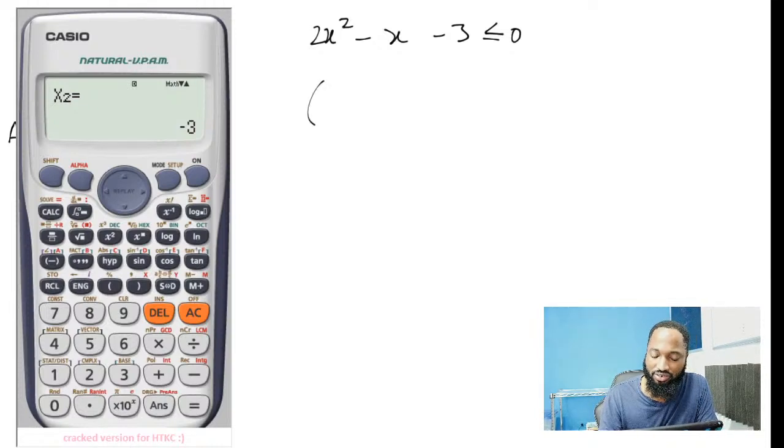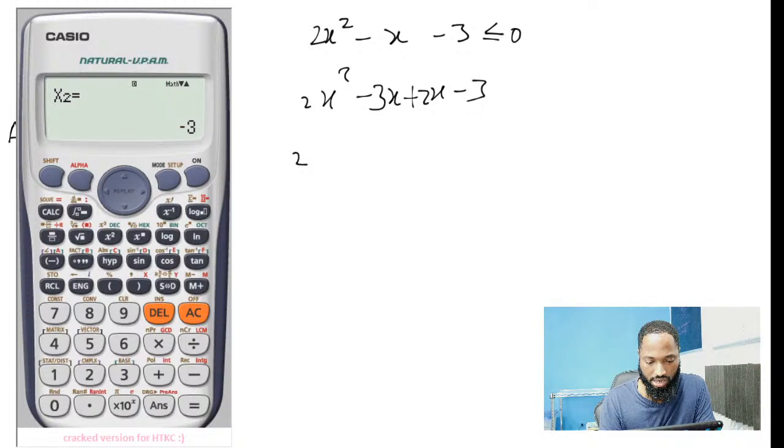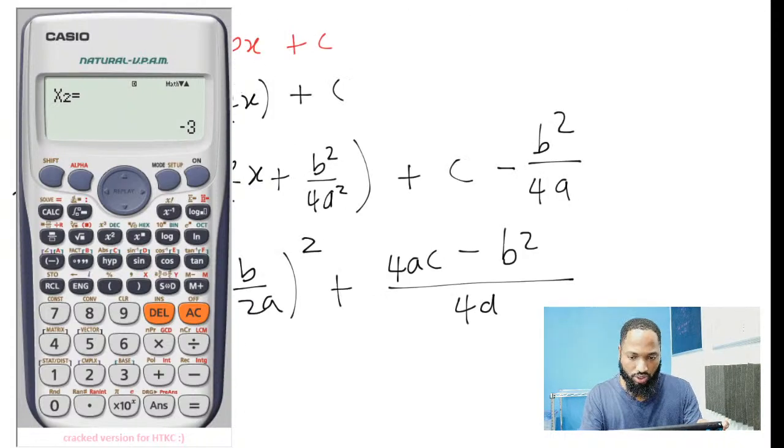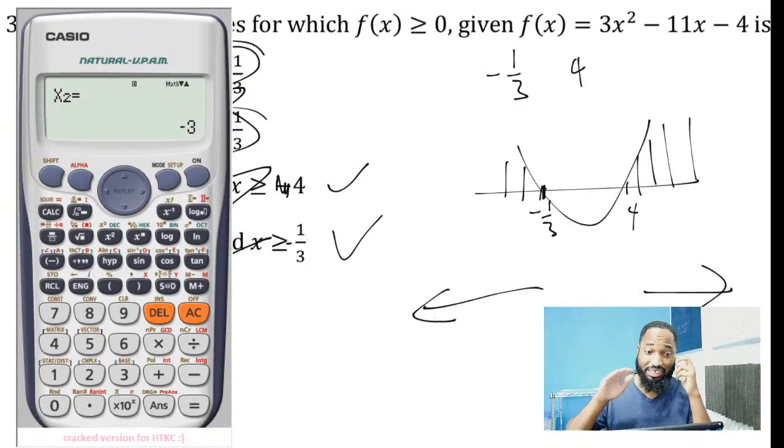So once again you factorize this: 2 negative 3x plus 2x minus 3. 2x squared, 2x into 2x minus 3 plus 1, 2x minus 3. So you factorize, you get your answers, and you move along with your life. Let's go back to the question now. The idea behind the question is simple.